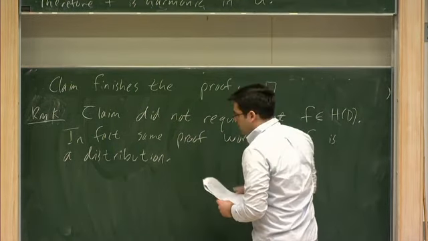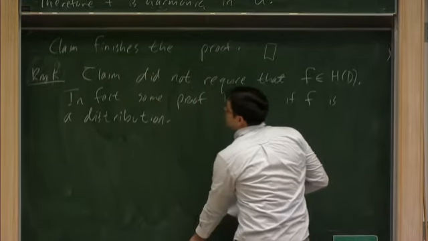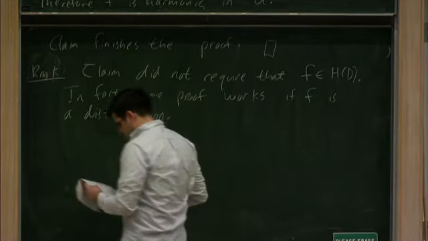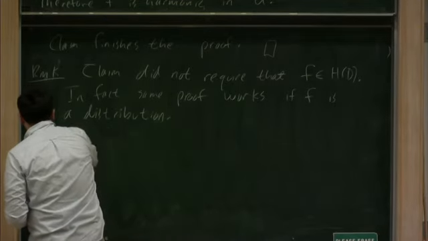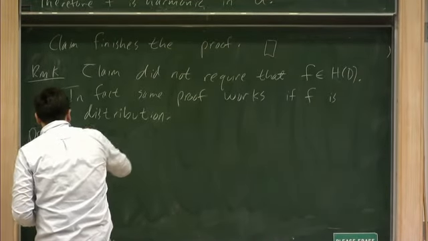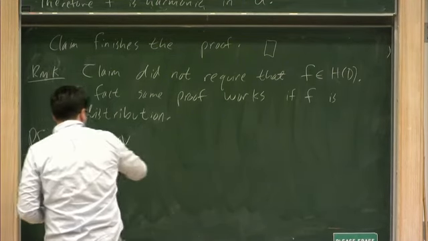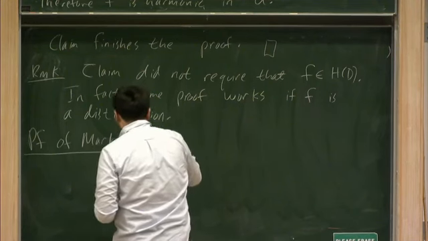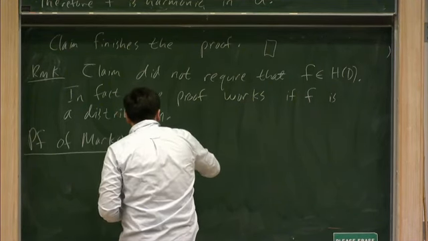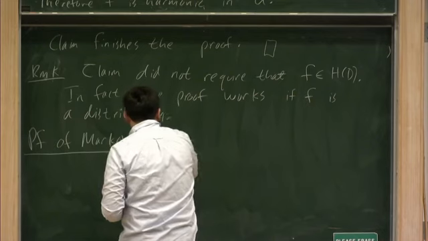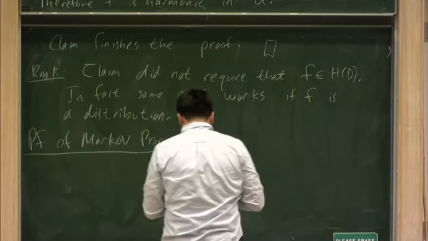And now let's actually prove it. Finish the proof of the Markov property. And this is going to be just like for the discrete Gaussian free field, modulo one technicality. Okay, so let's get started.